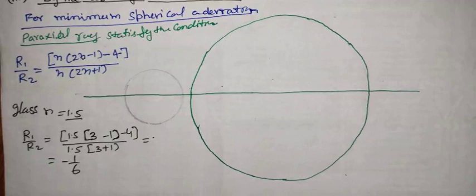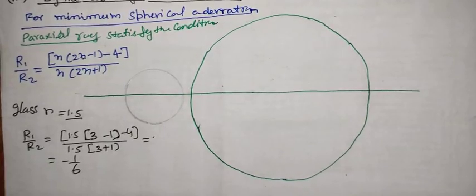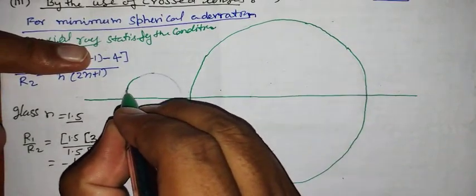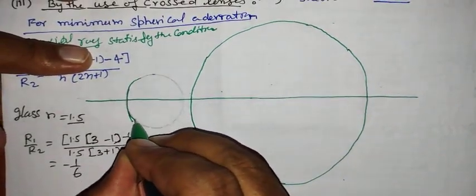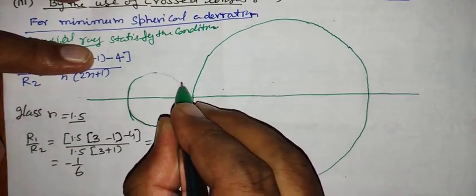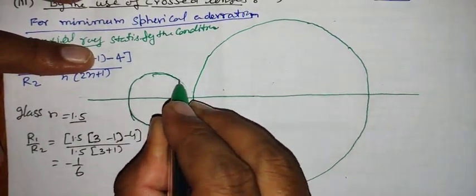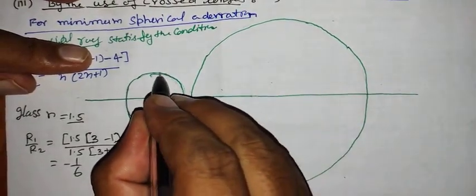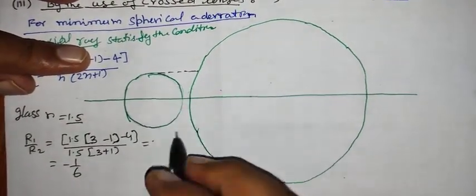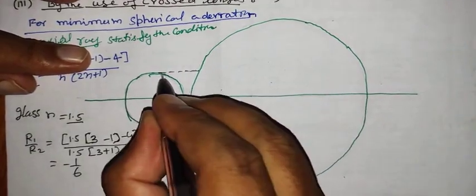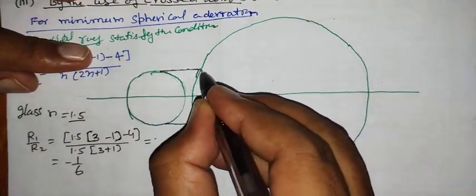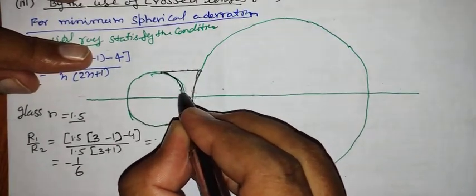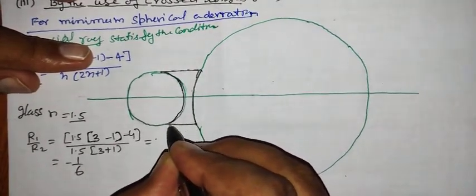If it satisfies the condition, then you see the concept of this type of lens. Let a convex lens be made by combining this with a concave lens here.